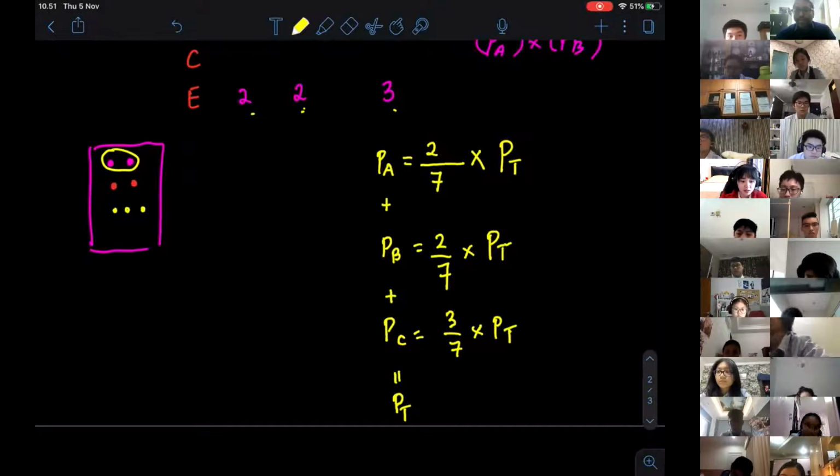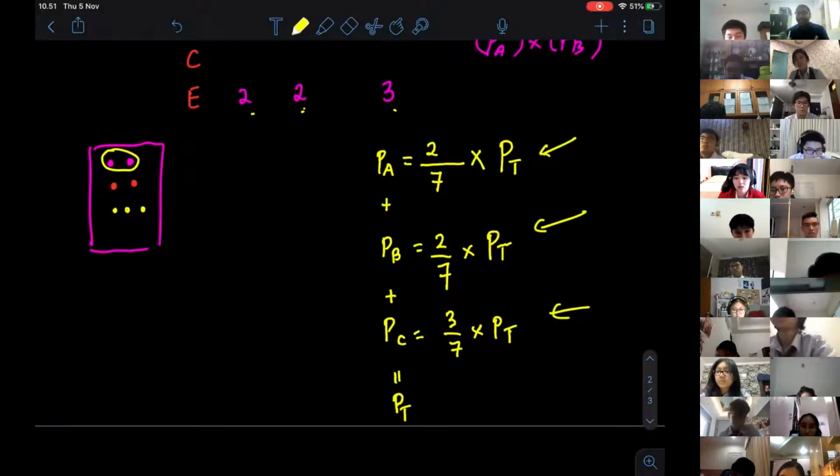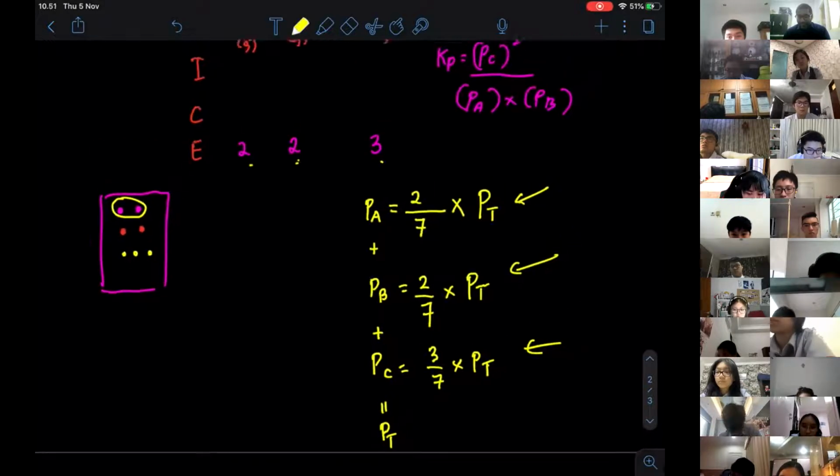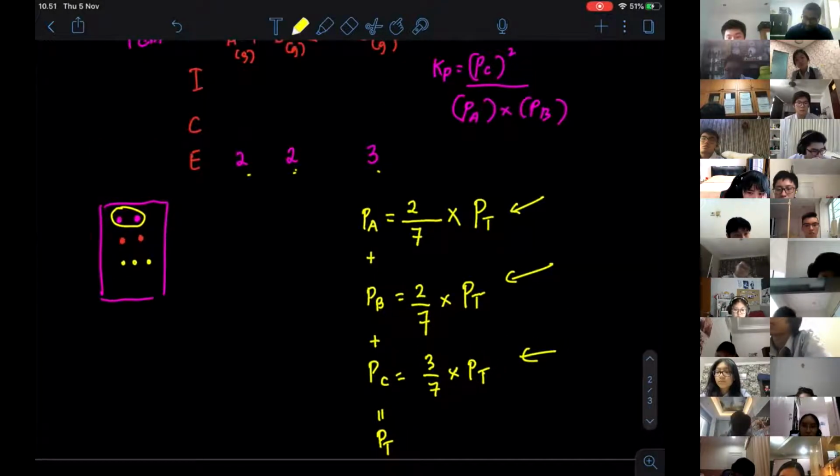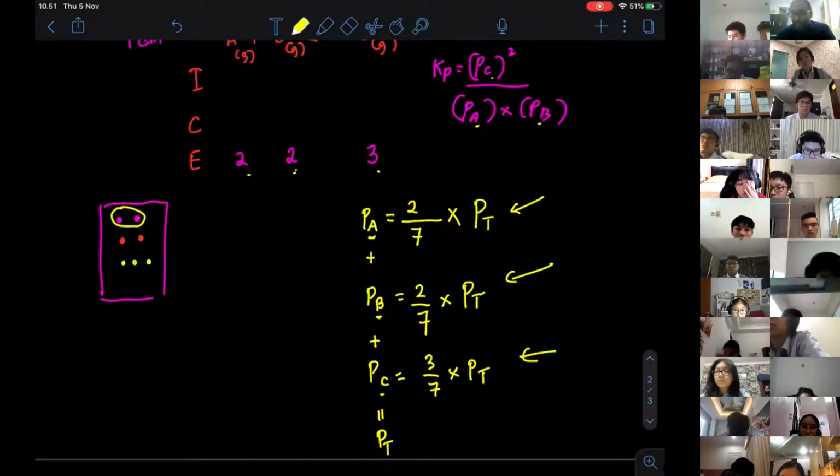So that is what we call partial pressure. So partial pressure, you have that already. What you need to do is calculate the partial pressure, put in the values. PA, you put it there. PB, you put it there. PC, you put it there. And then you calculate like normal.